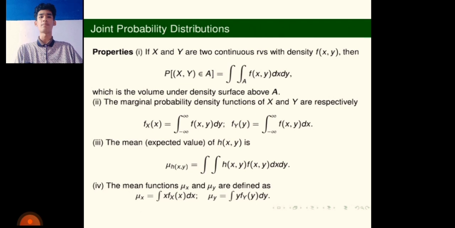So the mean or expected value of h of x and y is the integral of h of x and y times f of x and y dx dy.